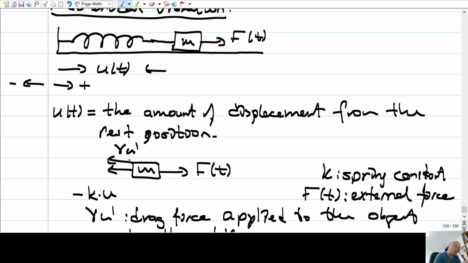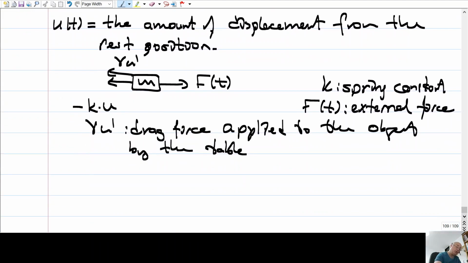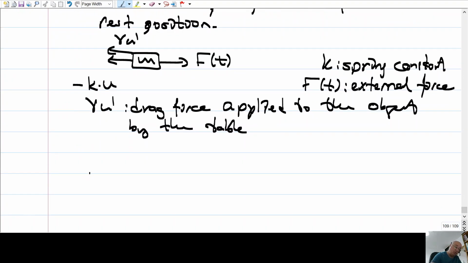And suppose there is a force applied to the object proportional to the velocity of the object. You may also consider something like this.